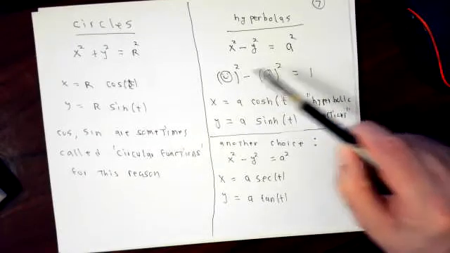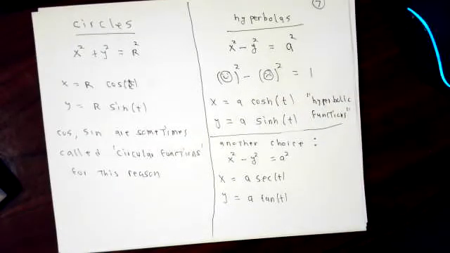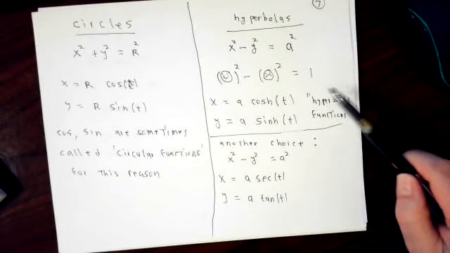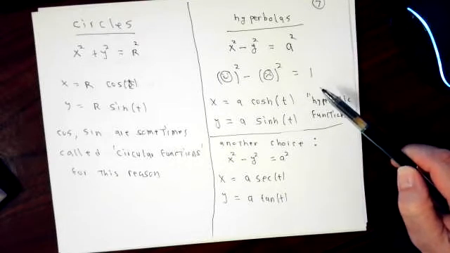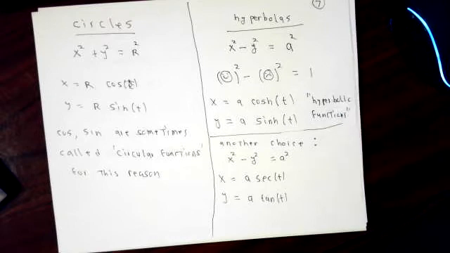Here, if I have something of this nature, I think to myself, it's too bad that I don't have a couple of functions that when I square them and subtract one from the other, I always get 1 for an answer. There's a test question that asks you to verify that for hyperbolic cosine and hyperbolic sine.